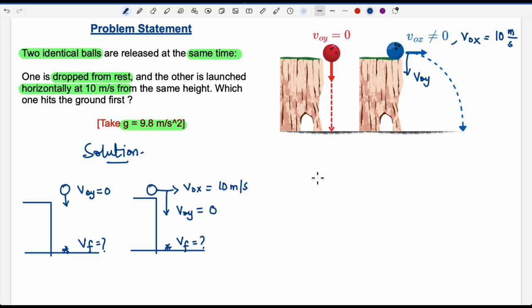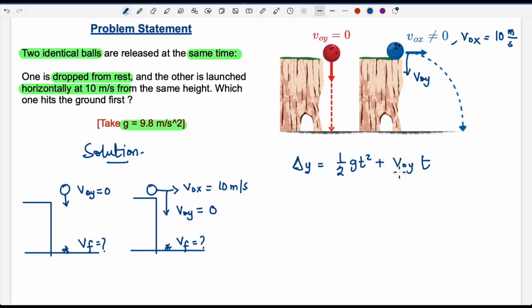And from kinematics, we know this equation, delta y equals 1/2 gt squared plus v naught y t. In this case, v naught y is the initial vertical velocity.